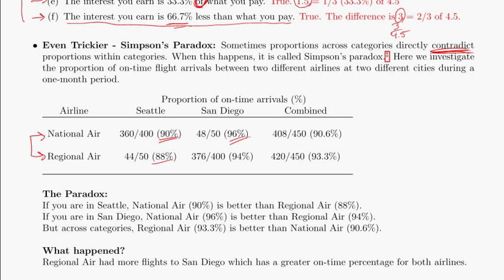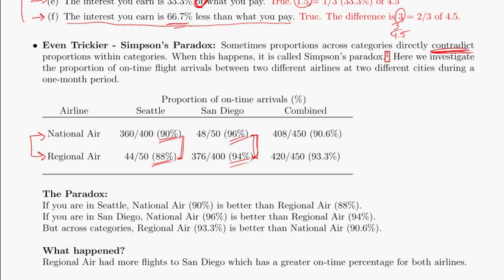So if you look at these two, if you're flying into Seattle, National Air is better, right? 90% is better than 88%. If you're flying into San Diego, National Air is again better. 96 is a better on-time arrival rate than 94%.